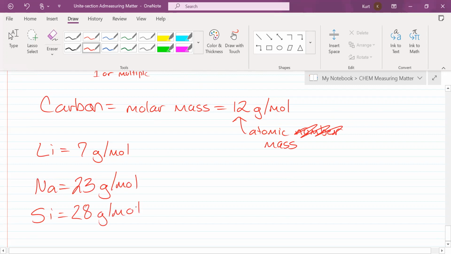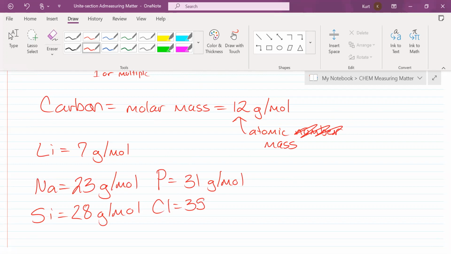David, how about phosphorus? 31 grams per mole. Let's go to Alyssa. Let's do chlorine. 35 grams per mole. Now, chlorine is 35. Does your periodic table say 35.4 or 35.5? 4. Okay, fair enough. 35 grams per mole. Nick, let's go to copper, Cu.